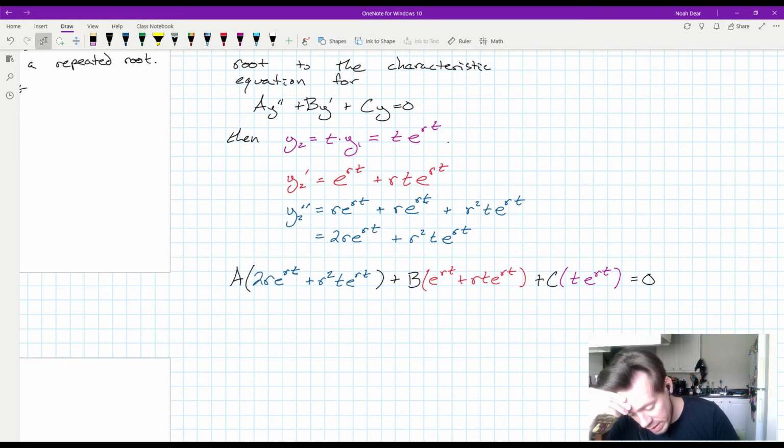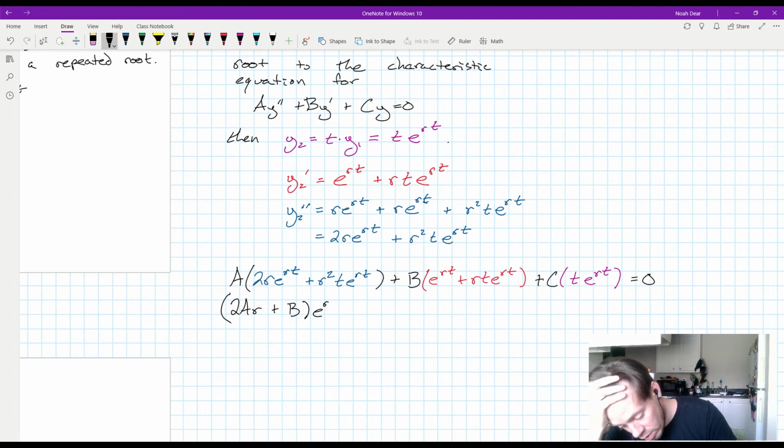And so if we take this and do some rearranging here, we are going to get 2ar plus b, e to the rt.